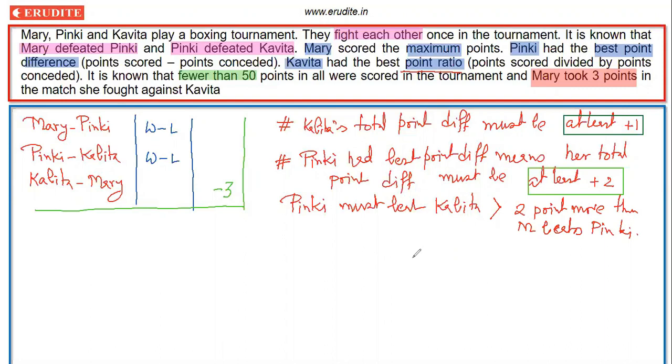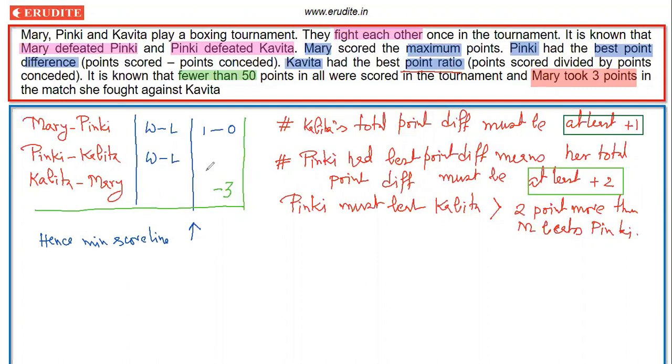But it cannot be 4-0, because to maintain the maximum value. Now, considering all of this, we can take the minimum score line. Hence, the minimum score line that I am writing here: Mary Pinky, I am considering as 1-0 as minimum.